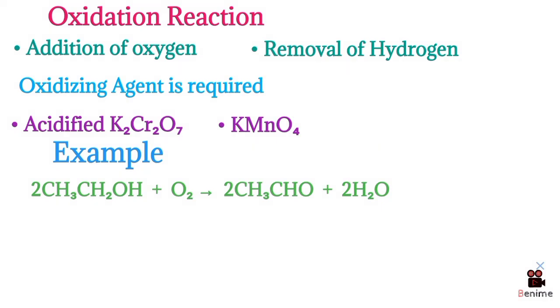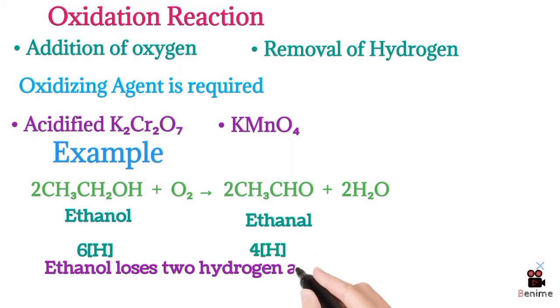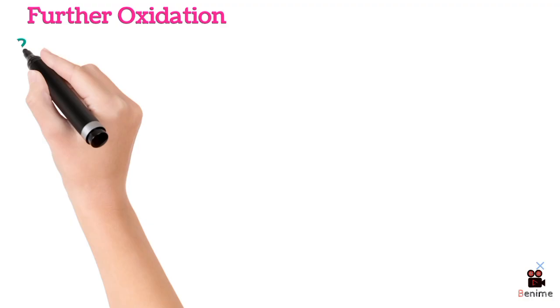In this reaction, ethanol acts as substrate. The oxygen comes from oxidizing agent. What happens during oxidation reaction? Ethanol contains 6 hydrogen atoms, while ethanal contains 4 hydrogen atoms, so ethanol loses 2 hydrogen atoms. Therefore, oxidation occurs. Further oxidation.